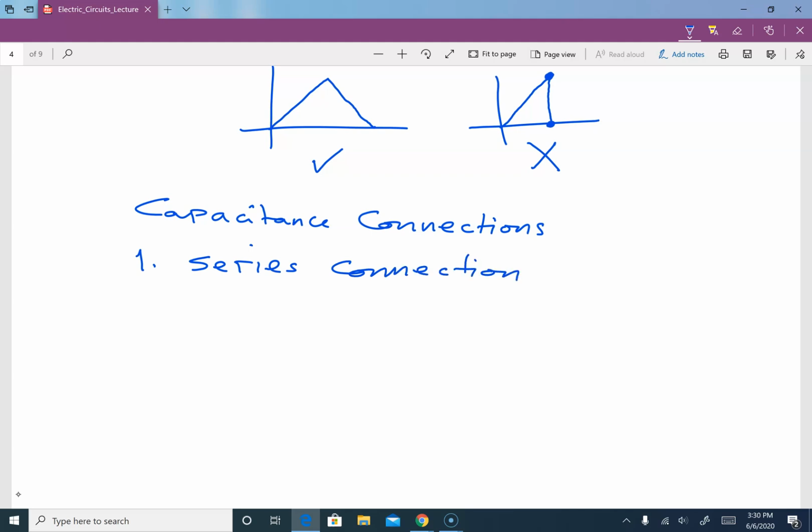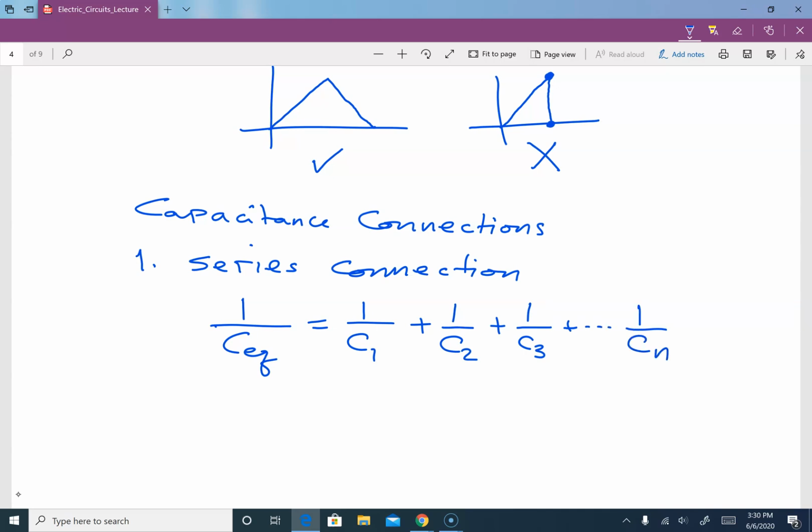For series connections, our formula to find the equivalent capacitance is 1 over C equivalent equals 1 over C1 plus 1 over C2 plus 1 over C3, and it depends on how many capacitors are connected in series.